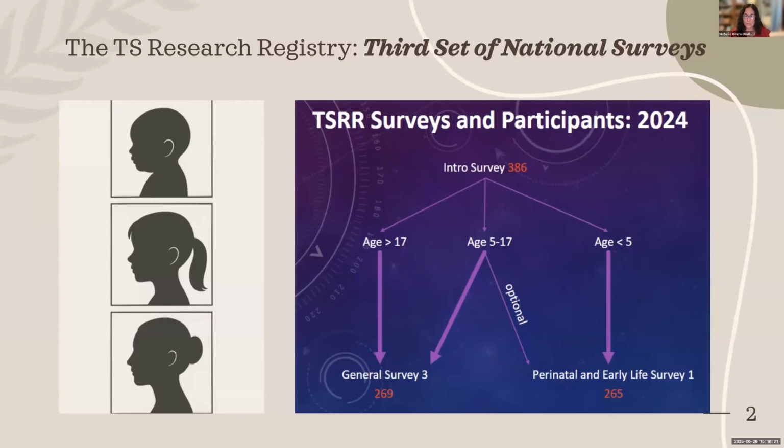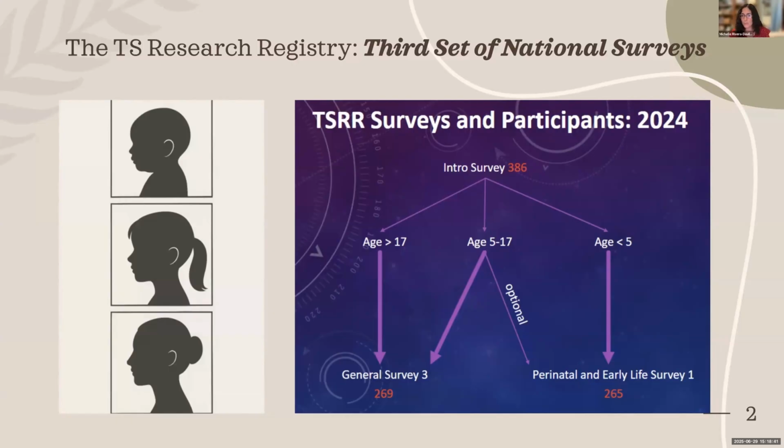So one was the general health survey. That survey was intended to collect current physical and or mental health data regarding their individual concerns. 269 individuals went ahead and answered that particular survey.